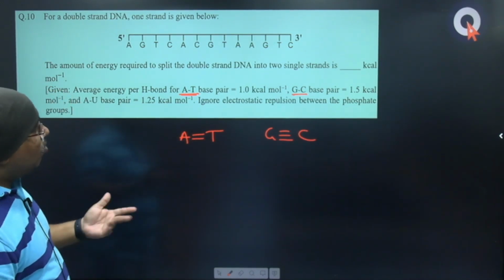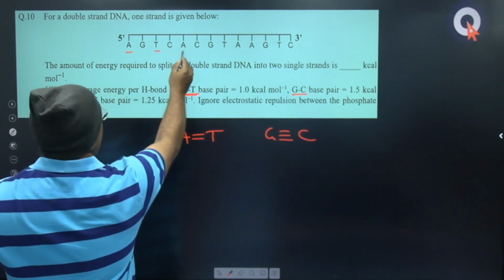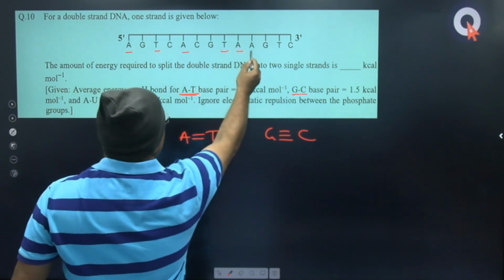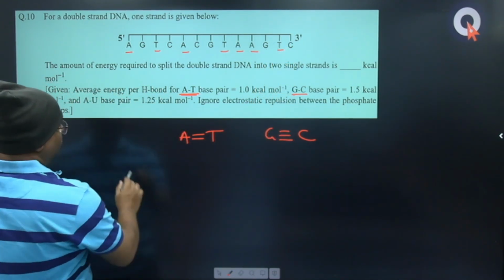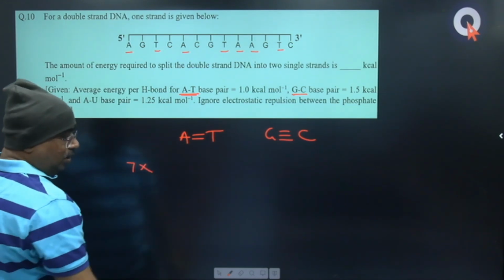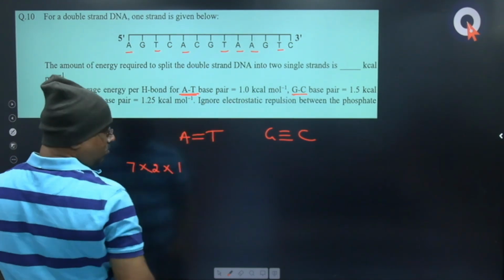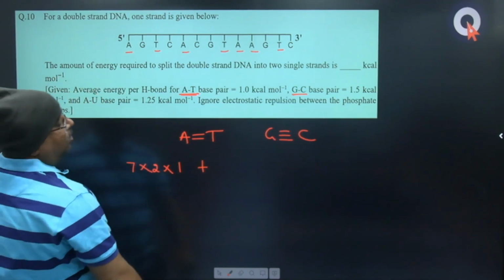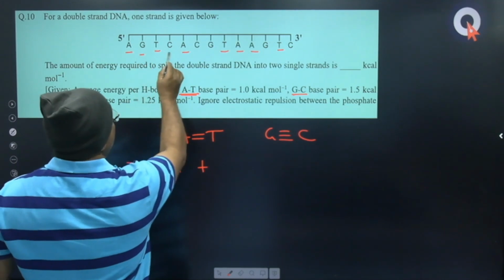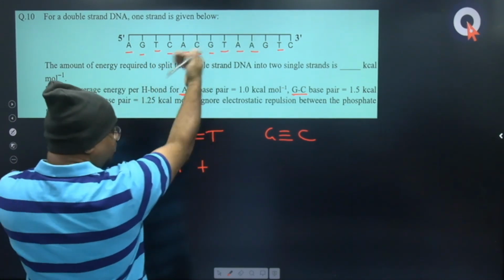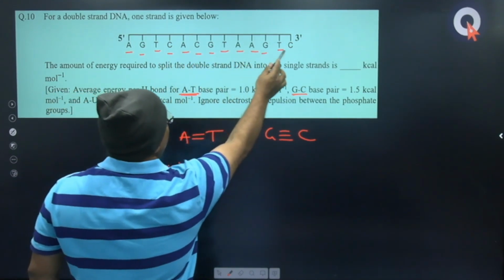So how many will you see? How many AT? 1, 2, 3, 4, 5, 6, 7. 7 AT are there. So 7 into double bond you have to break, 2 into the average energy for each one, 1 plus. Then the triple bond between G and C. How many GC? 1, 2, 3, 4, with the next one, 1, 2, 3, 4, 5 and 6.